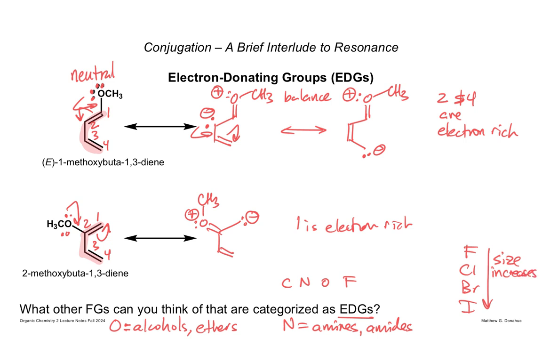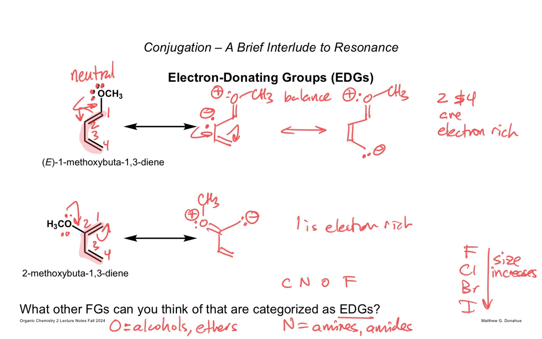Basically, what that means is, if you think of fluorine like a golf ball, and iodine is like a big beach ball, and carbon's just like a regular softball size, the softball and the golf ball are more properly matched.